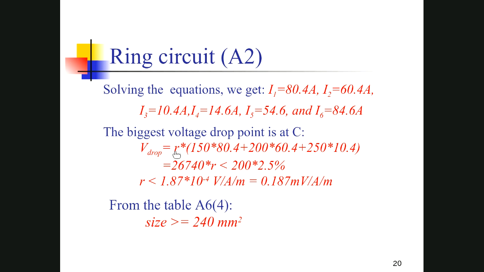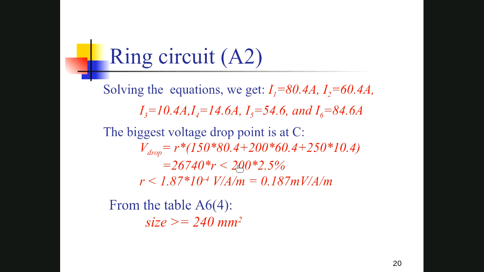So the currents we obtained and the cable lengths are given, so the total voltage drop to C can be estimated like this, with R as the unknown, as variables, right. It says that we should make the total voltage drop from the source to C smaller than 2.5% of the source voltage, which is 5 volts.